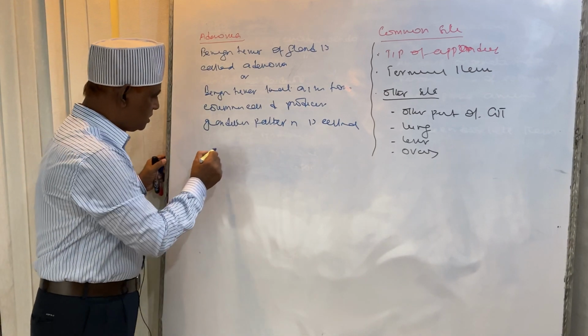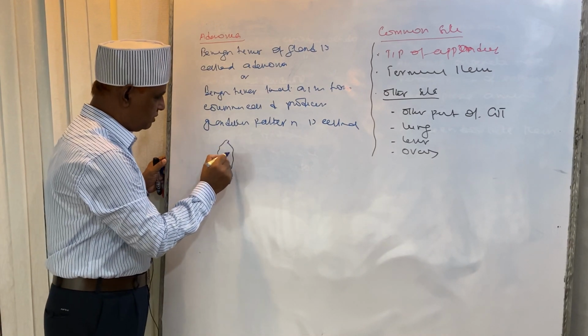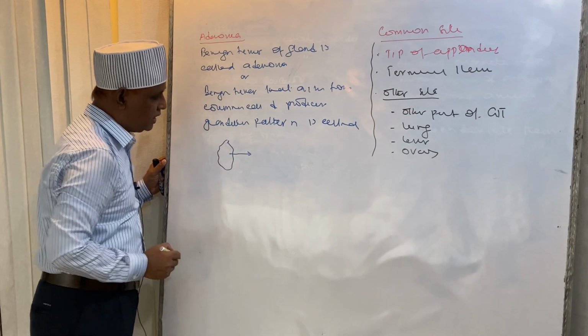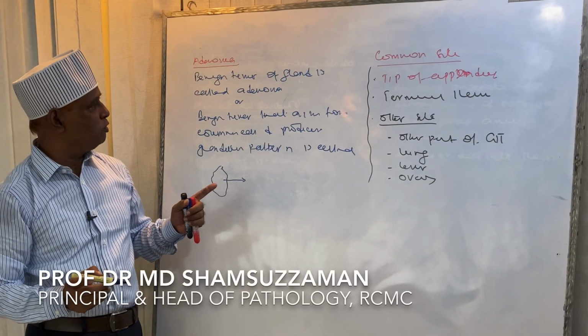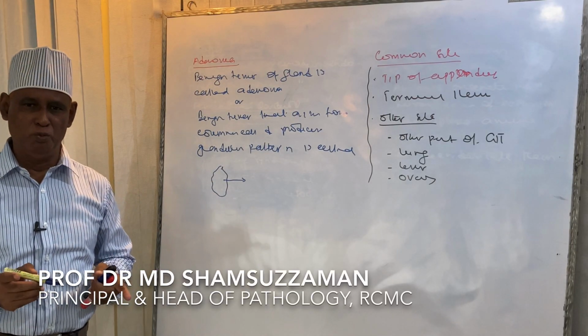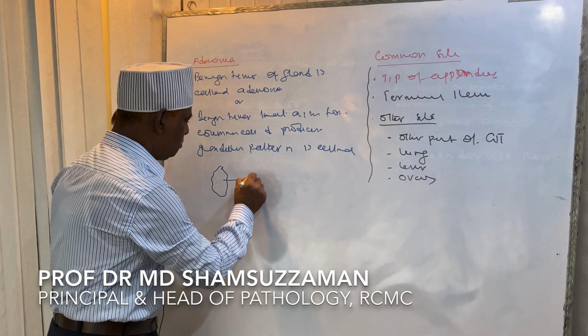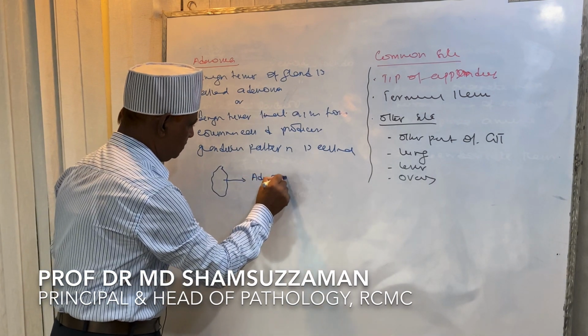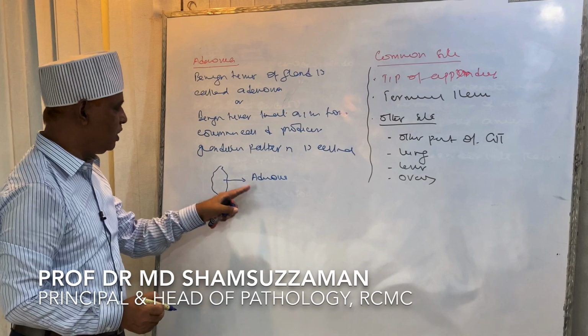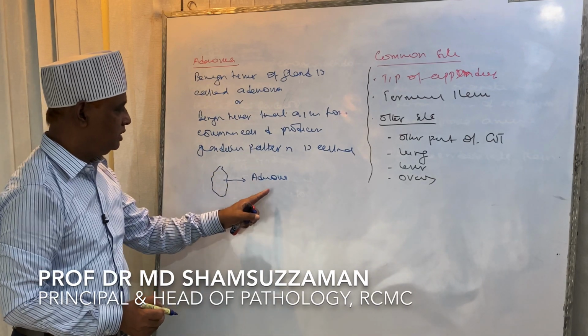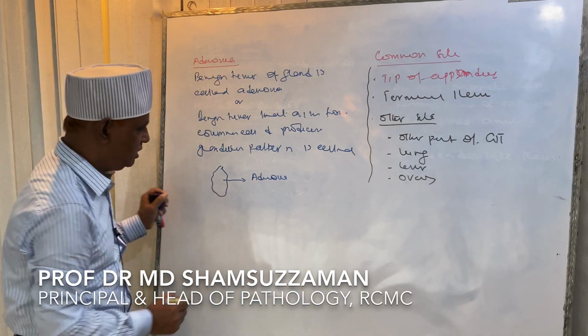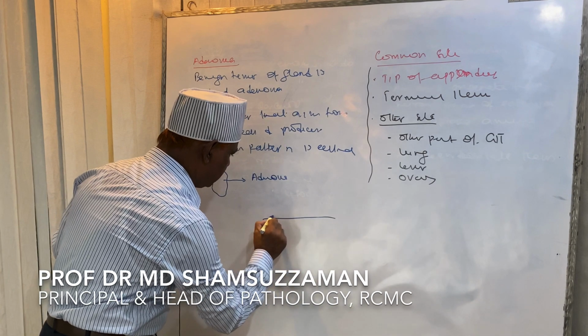Dear audience, suppose this is the parotid gland. If from the parotid gland epithelium there is development of a benign tumor, then it is called adenoma of parotid gland. So, a benign tumor of parotid gland is known as adenoma. Suppose these are the columnar cells.